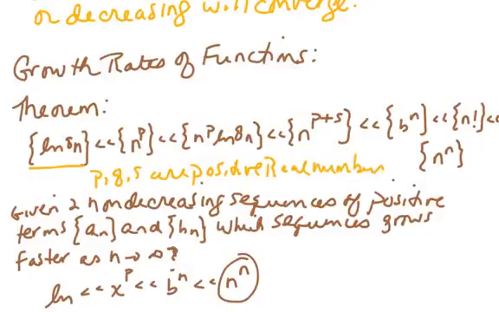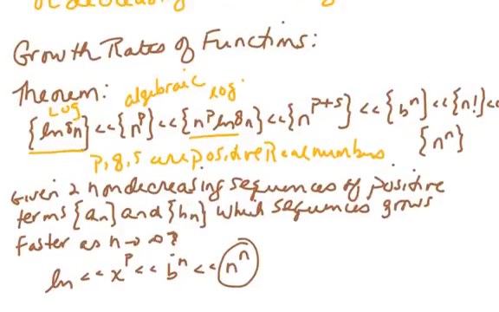So your log function, the log of n raised to any power q, is slower growing than an algebraic, which is n raised to some power. And if you multiply those two together, that'll be slightly faster in growth than just a pure algebraic or a pure log. So this is just a log times an algebraic.